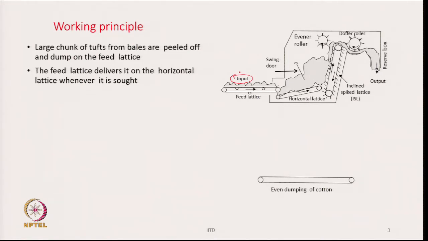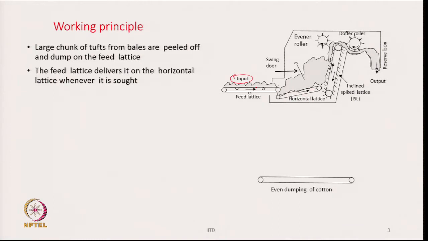From the bale, first of all these chunks of material are peeled off and dumped on the feed lattice. The feed lattice which is moving will deliver the material onto the horizontal lattice.